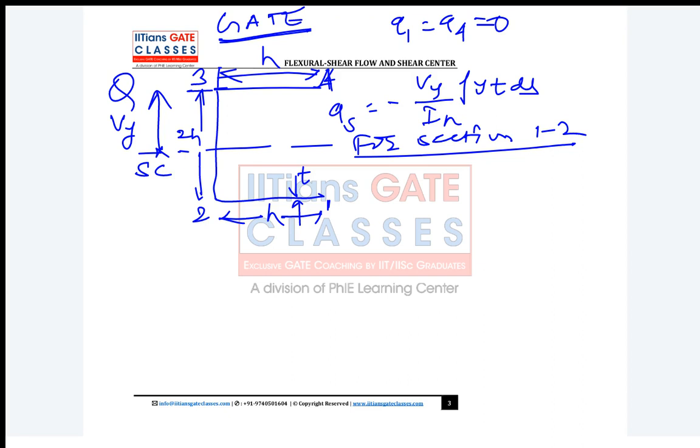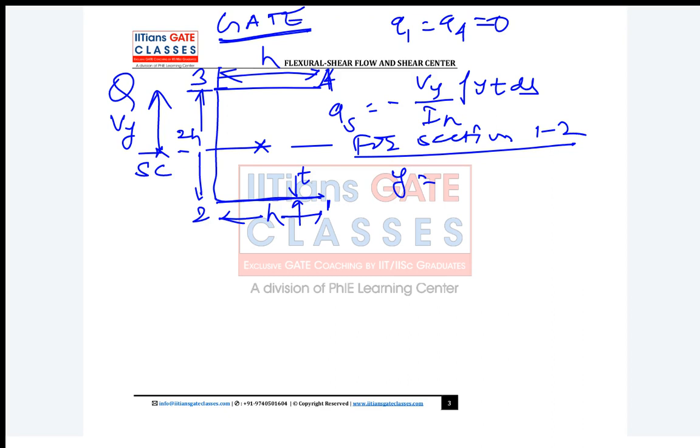If you see this section 1 to 2, what is this y value? We know where the centroid will lie, somewhere here. So what will be the y value, plus or minus? Because this y distance needs to be measured from the centroid, right? So what is the y, plus or minus? Anyone?